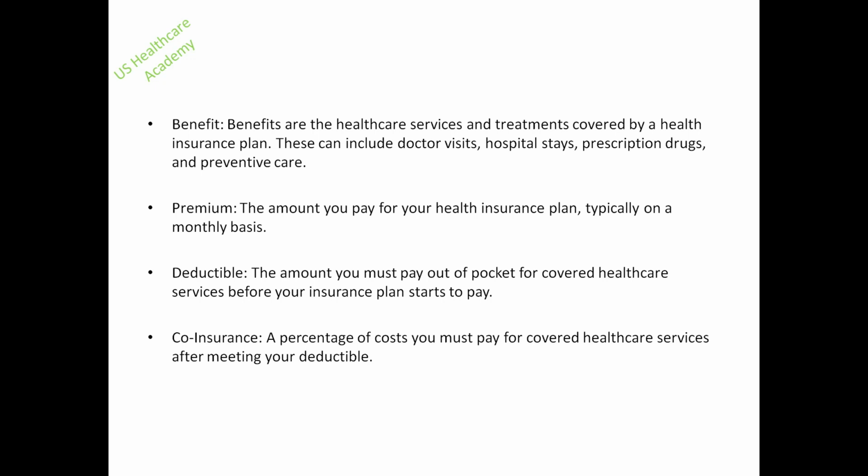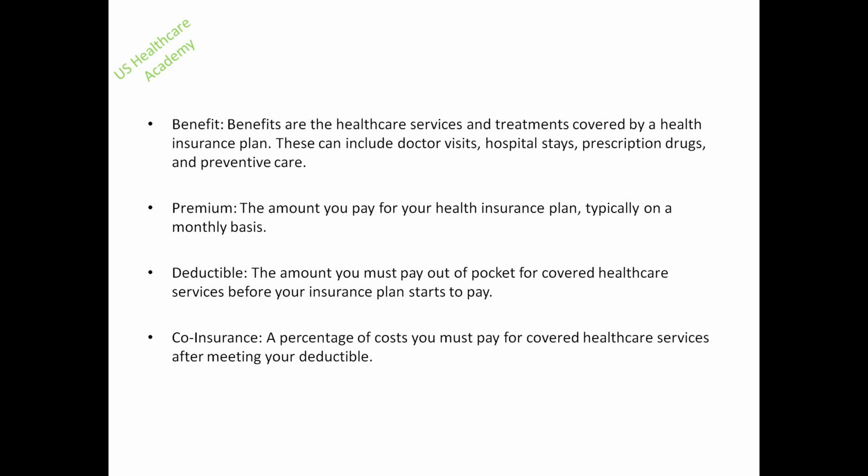Deductible. Now, guys, these are three important terminologies: deductible, co-insurance, and copay. When I started in US healthcare, I was really confused about what deductible is. But with time, I got a clear understanding of what deductible, co-insurance, and copay are.